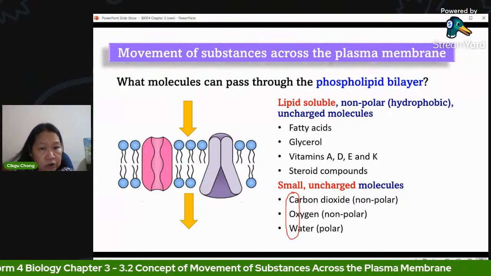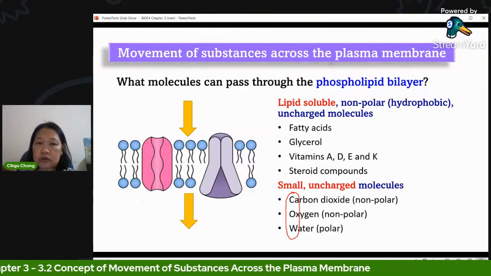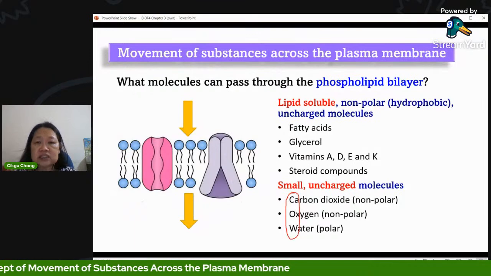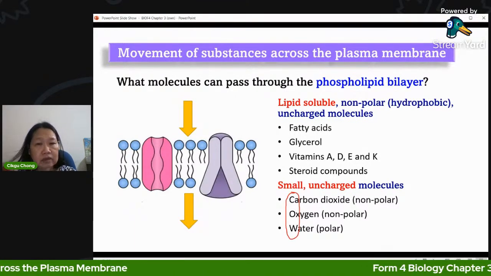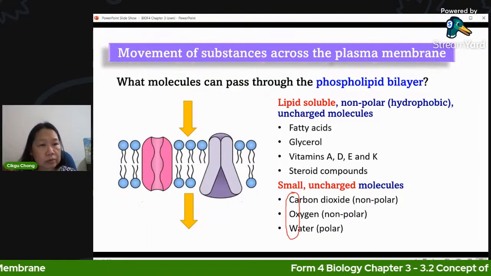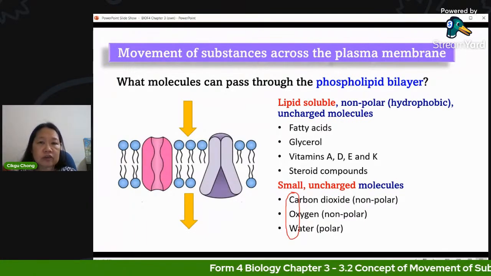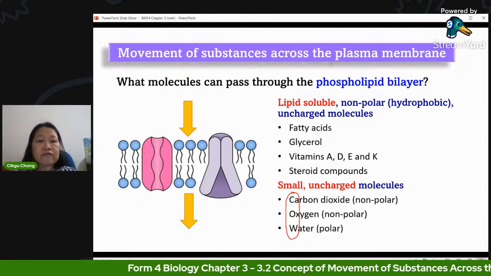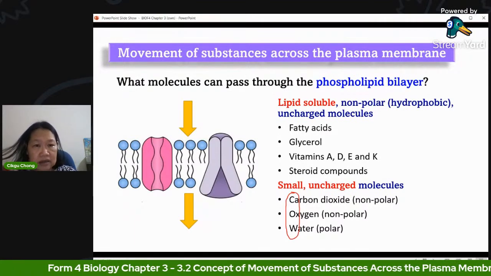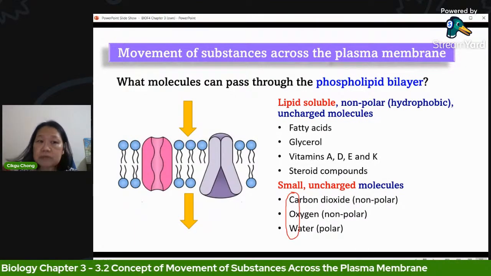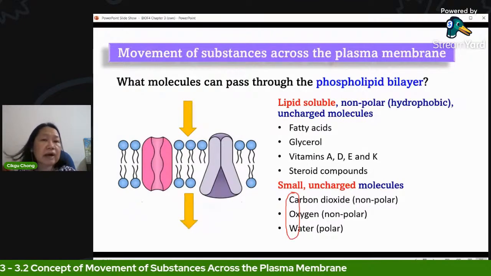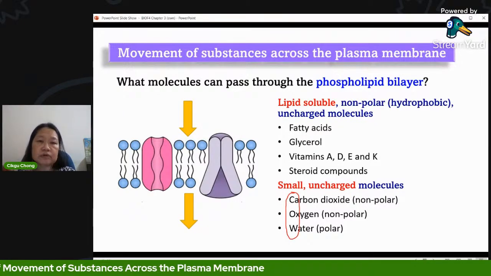And the other group will be all the molecules that are lipid soluble. It does not matter whether they are big or small. Fatty acids, they are big, but because they are lipid soluble, they will be able to pass through the phospholipid bilayer. And vitamins A, D, E, and K, they are small, but they were able to pass through the phospholipid bilayer because they are lipid soluble.